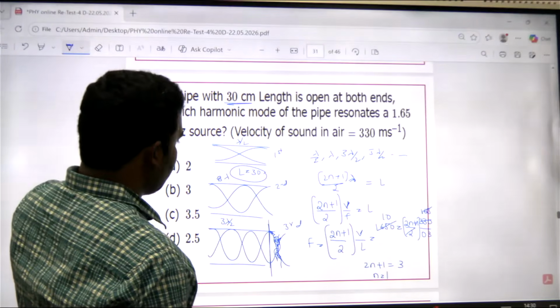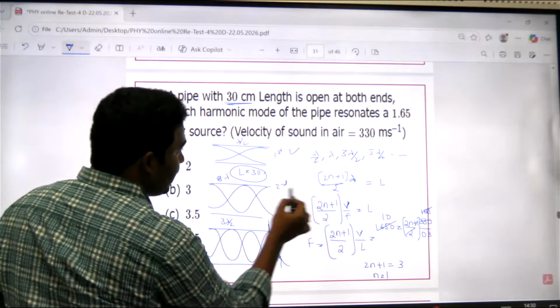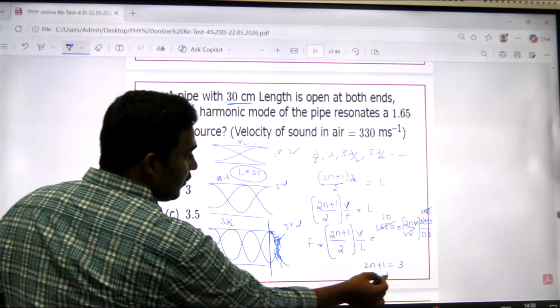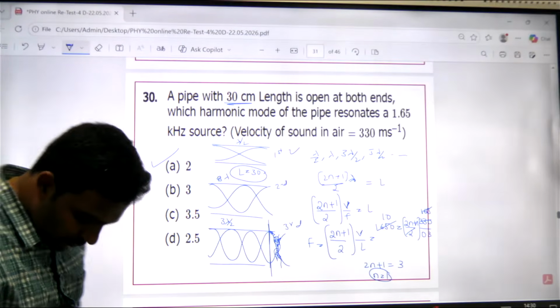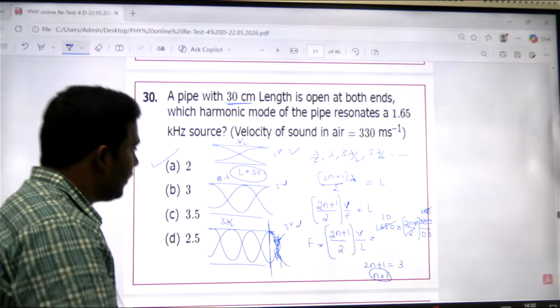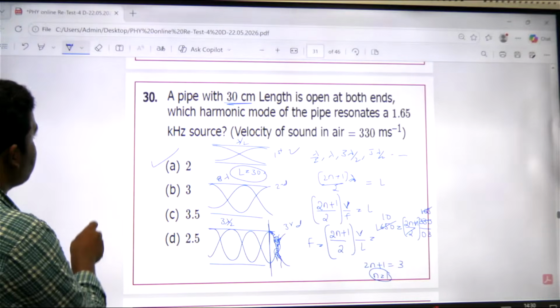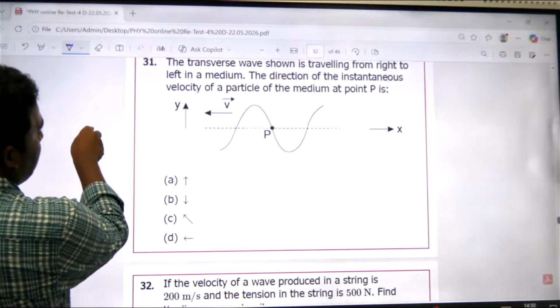Which harmonic? If n is 0, it is the first harmonic, and if n is 1, it is the second harmonic. It is option A. Moving to the next question, question number 31.